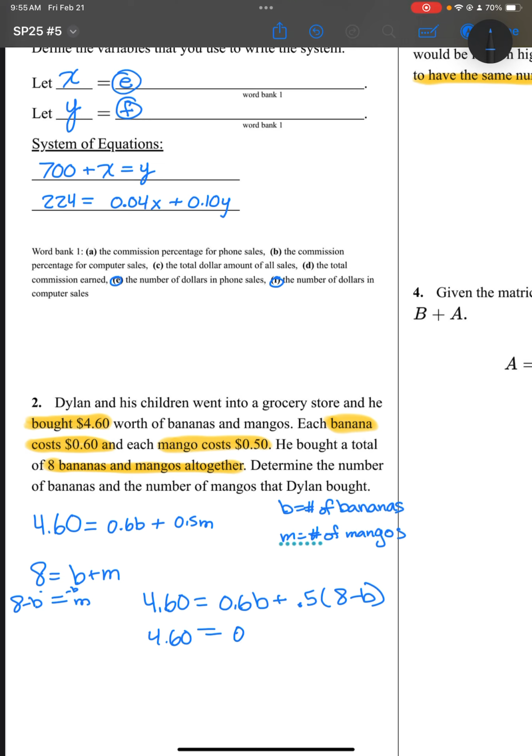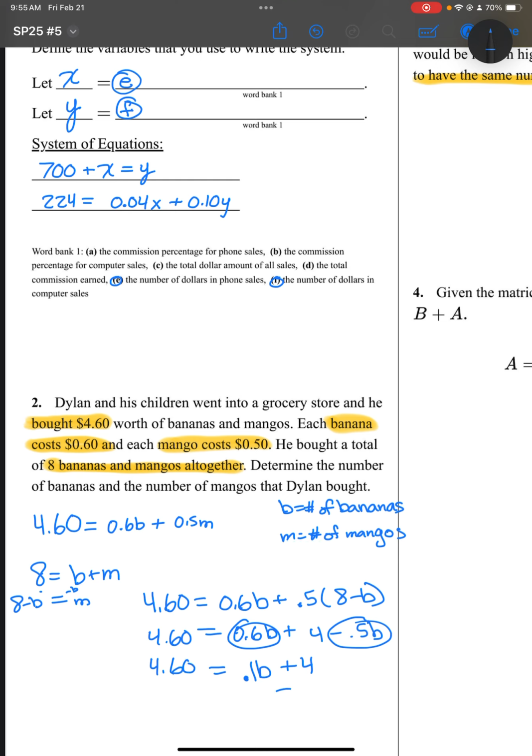We are still given our 0.6B plus 0.5 of 8, which is just half of 8 basically, which is 4, minus 0.5 of B. Now let's combine like terms. This 0.6B and negative 0.5B is going to give us 0.1B plus 4 and 460.